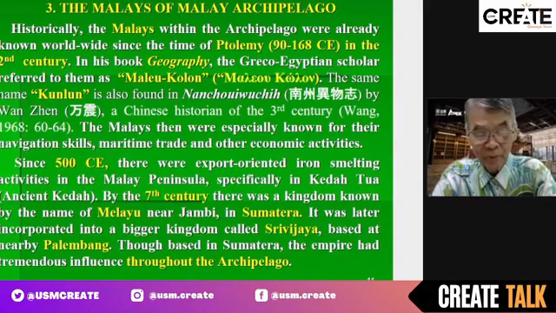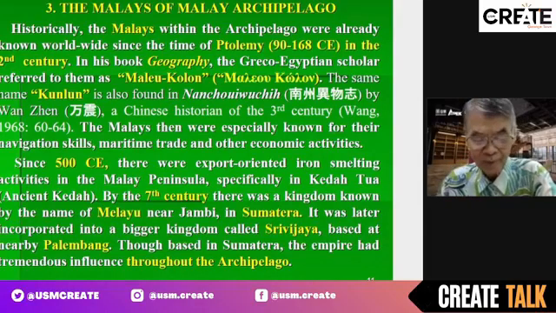Historically, the Malays within the archipelago were already known worldwide since the time of Ptolemy, yeah, in the 2nd century. They were already known to the whole world in the 2nd century. In his book, Geography, the Greco-Egyptian scholar referred to them as Malayo Kolum.